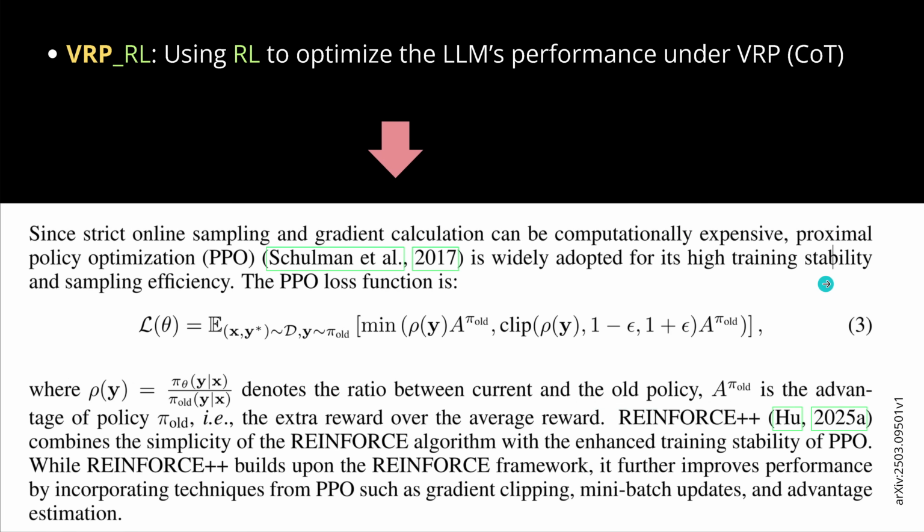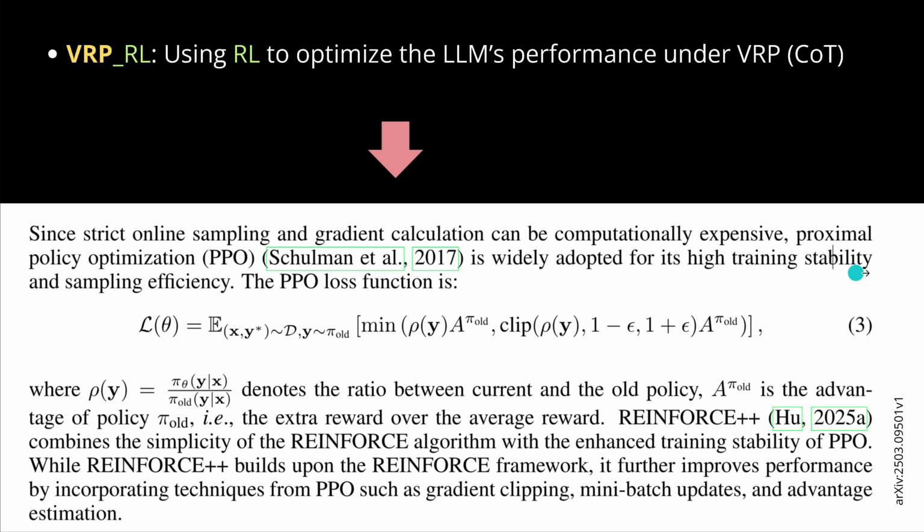Now you know that there are some ideas for mathematical optimization or simplification. And you know PPO, no? Since strict online sampling and the gradient calculation can be really computationally expensive, PPO, the proximal policy optimization, remember OpenAI 2017, was widely adopted for its high training stability and sampling efficiency.